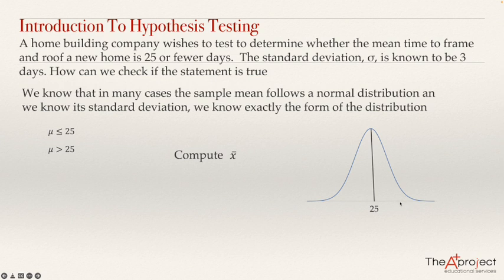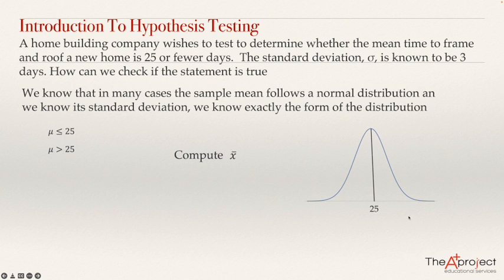So we need to decide from which value we are going to start believing that this mu is not less than or equal to 25. So we are going to compute the sample mean, and we are going to reject the hypothesis that mu is less than or equal to 25 only if the value of the mean is too big. But what does too big mean? How can we determine that the value of the sample mean is too big?